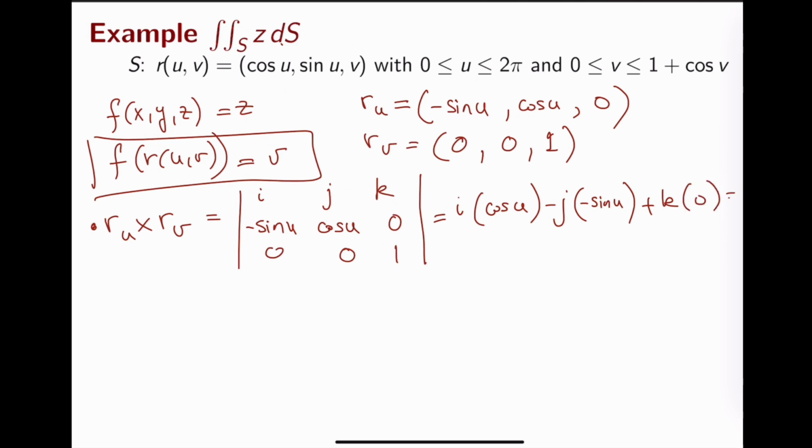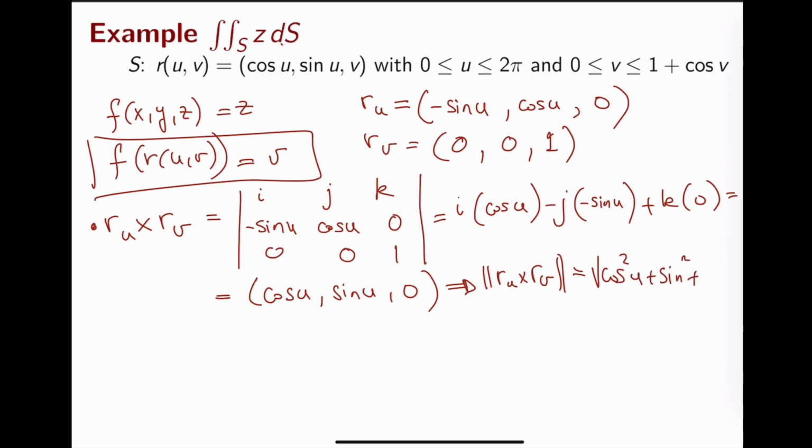Okay, so the vector that we need to calculate the magnitude of is going to be the vector cosine of u. Here minus minus is plus, so this is sine of u, 0. So we finally calculate the magnitude of this vector, which is the square root of cosine squared plus sine squared plus 0, which is the square root of 1 plus 0, which is the root of 1, which is 1.